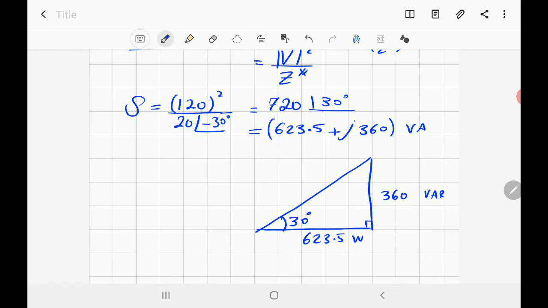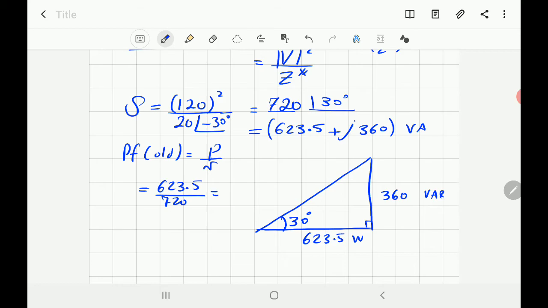Okay, so it's required to improve the power factor. Well, if you want to know the power factor of the old one, it's not required, but if you're curious, you can divide the power by S. So the power here is equal to 623.5, divided by S, which is 720.